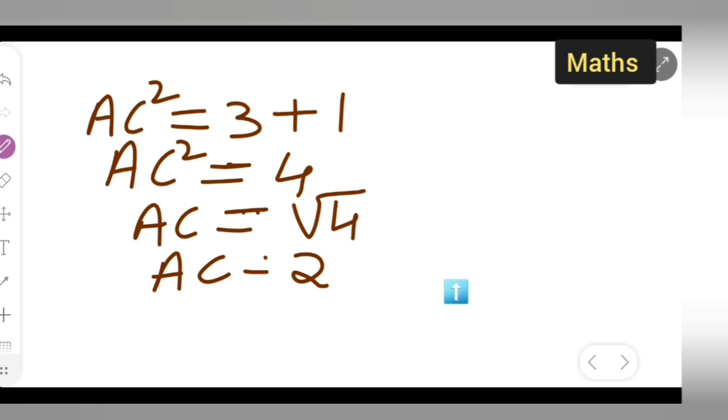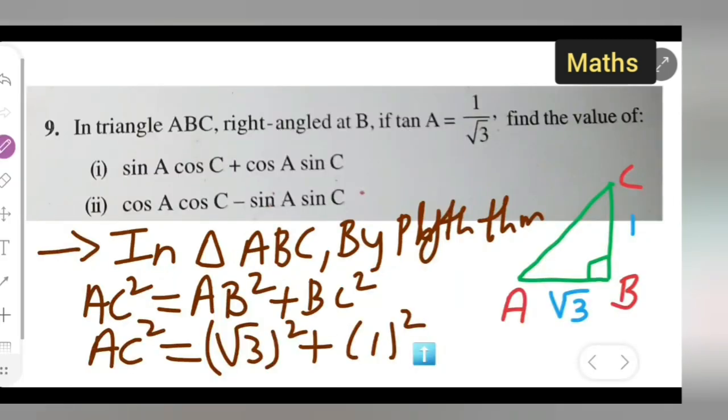Okay, next let us find out sin A cos C. Here we got 2. So this AC is nothing but 2. Now we need to find sin A cos C plus cos A sin C.